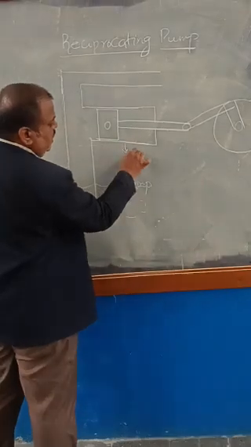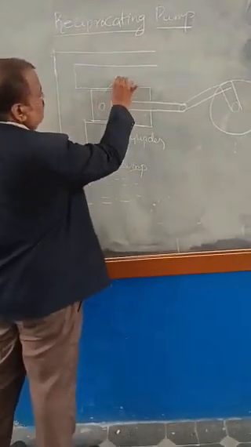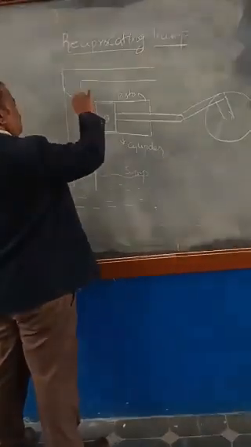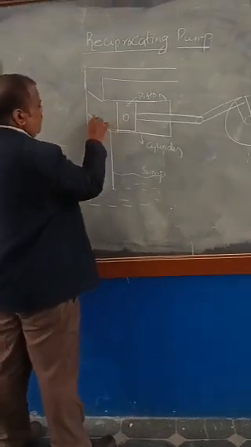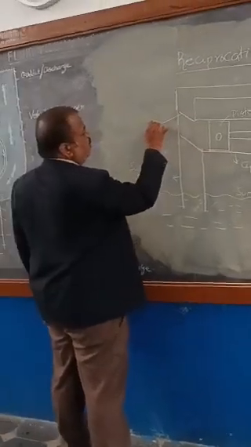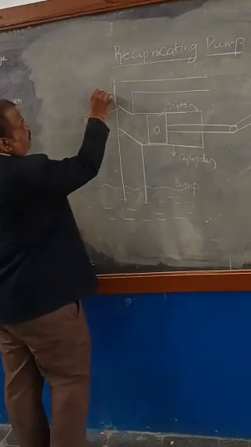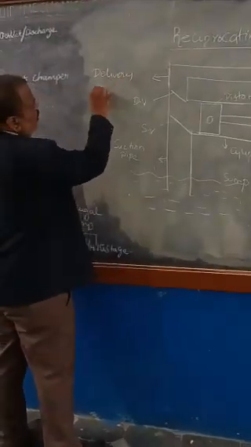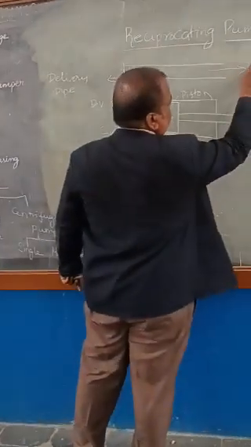This portion is the cylinder, and this is the piston. This is the suction valve, and this is the delivery valve, and this is the delivery pipe, and this is the discharge of water.